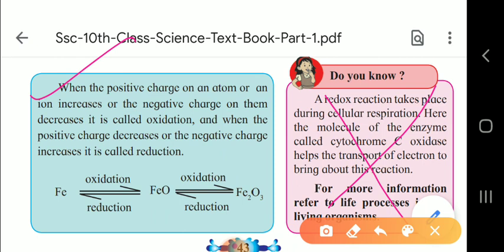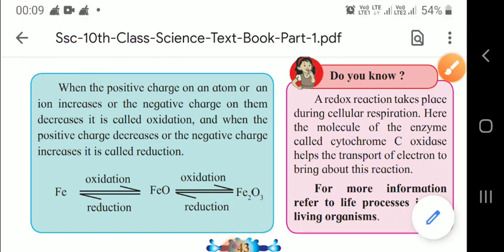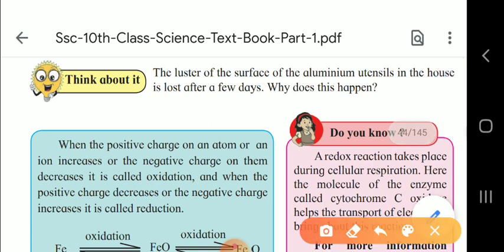And when the positive charge decreases or the negative charge increases, that is called reduction. This you have to learn very nicely because it is very important. This topic fully you have to learn.